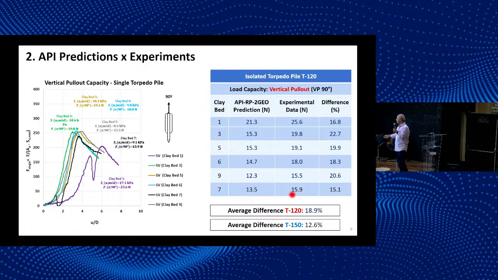Around 90% for the T120. 120 stands for tons, so it's a 120 ton torpedo anchor. Another torpedo anchor is being assessed in physical and numerical modeling, not yet used in situ, which is a T150. I don't show the results here, but the underprediction is slightly smaller, 13%.